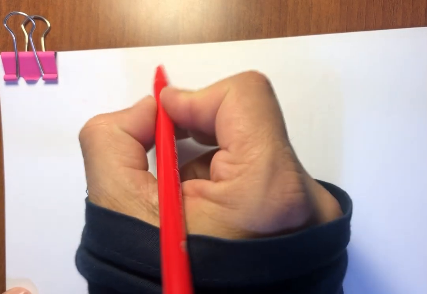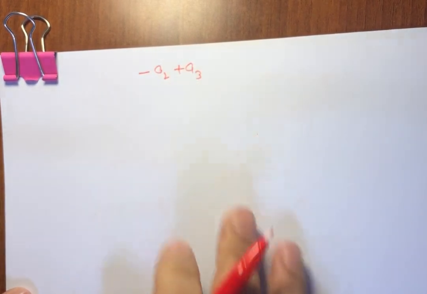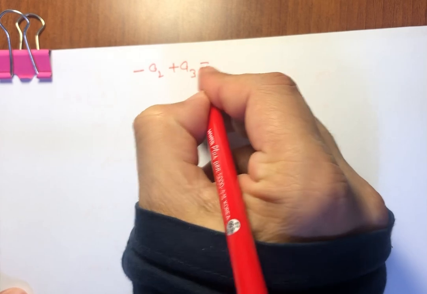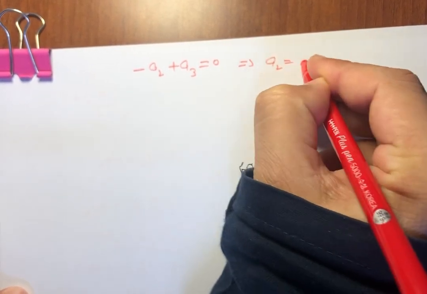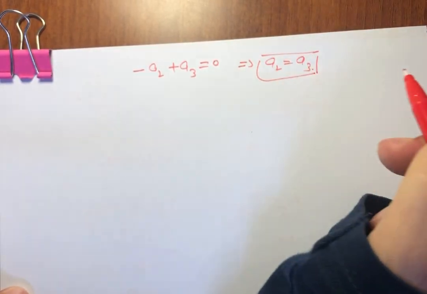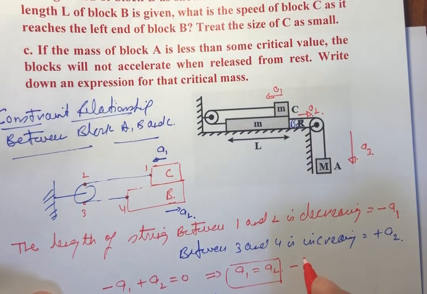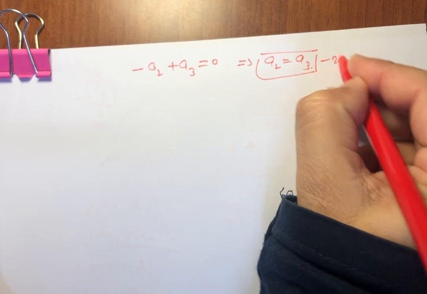So minus A2 plus A3 will be equal to 0. From here we can say that A2 is equal to A3. So let us call this equation number 1, and this equation number 2.